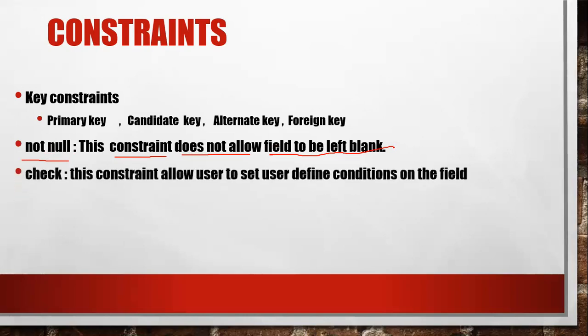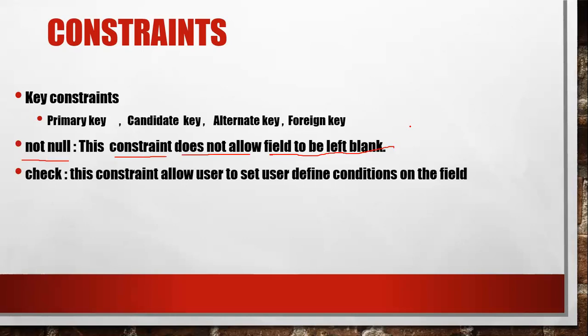Next thing is check. As you see, primary key, candidate key, alternate key, and foreign key are predefined constraints. Predefined means the condition under these constraints is already defined by the MySQL software. But there are some cases in which the user wants to impose some limitation according to his own requirement.